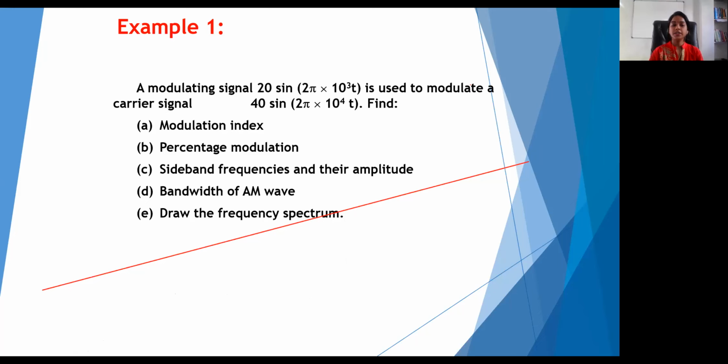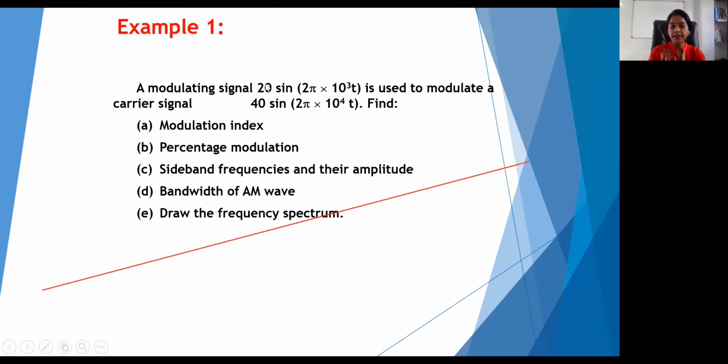So here I have also taken one example. Write down this example and try to solve it. If you have written the formula, or if you have any book, try to solve this problem. A modulating signal having 20 sin(2 pi into 10 raised to power 3 t) is used to modulate. See, there are two different sine waves.